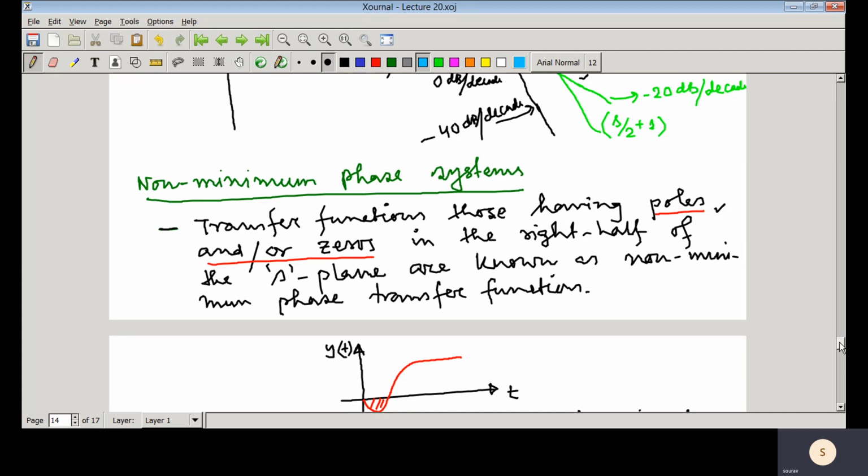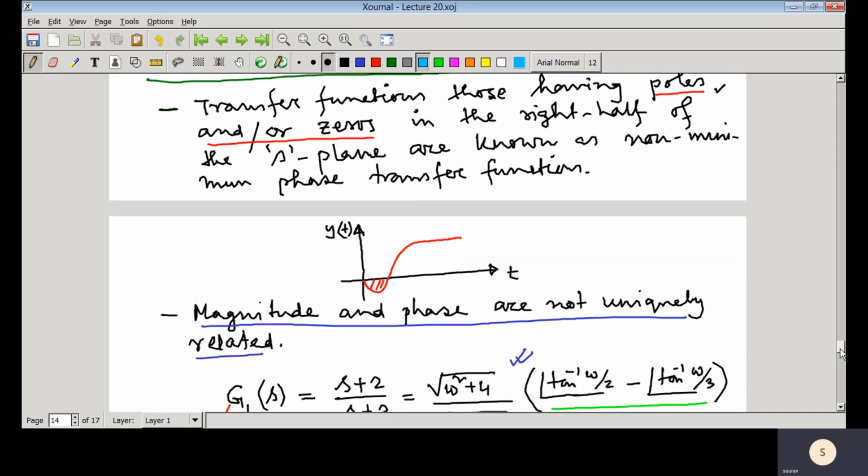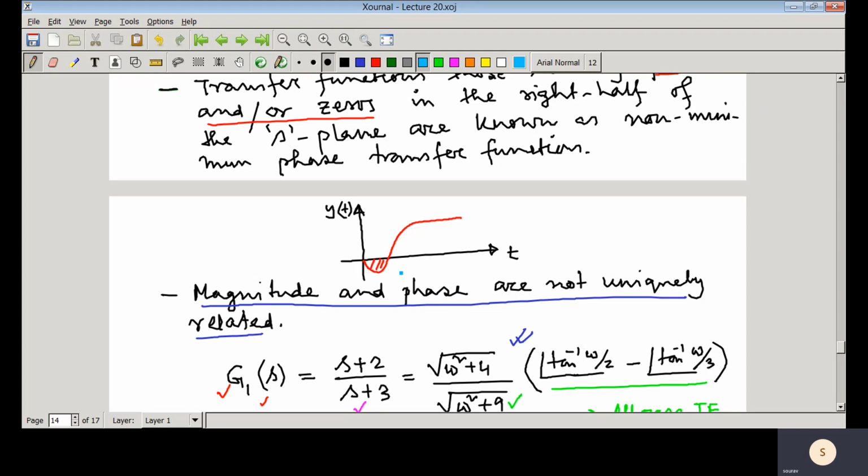But conventionally we take it that if the system has a zero on the right half of the S-plane, then it is called a non-minimum phase system. In a non-minimum phase system, the time response shows a negative kick, called undershoot. When the switch is just turned on, there would be some undershoot. That is the typical response of a system that has a zero on the right half of the S-plane.